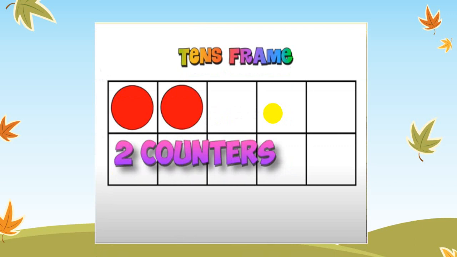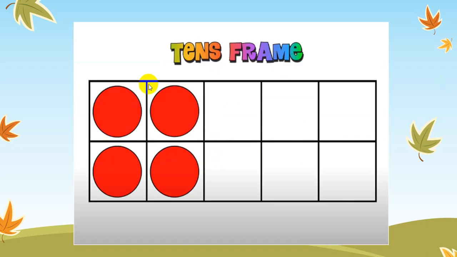Yes, here I have 2 counters. How many counters will I add on the bottom side to make double of these 2? Okay, if I have 2 more counters, does it make double of 2? 2 on the top and also 2 on the bottom, the same amount, 1, 2.